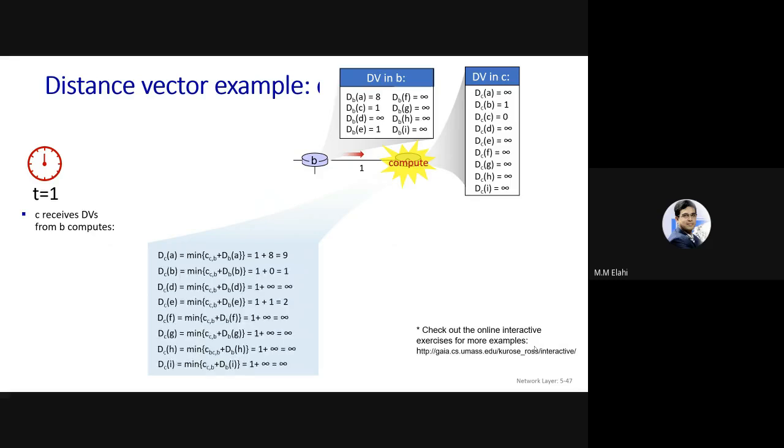If you go through this example, you can see at the bottom right of the screen, I told you during the start of the trimester, and I think I already put a link in the ELMS. There are some interactive exercises by the authors of our textbook, so you can go to that link and go through some of the examples given there.